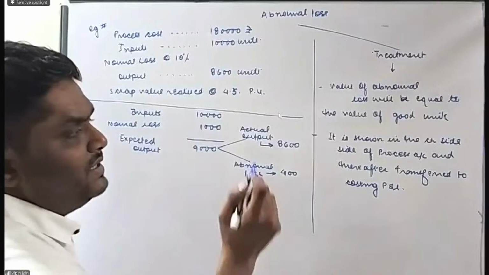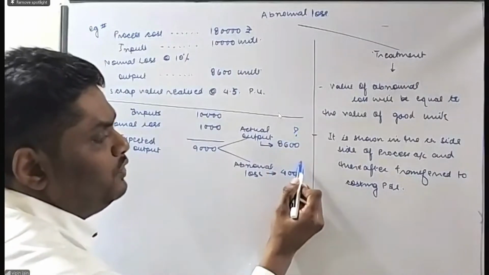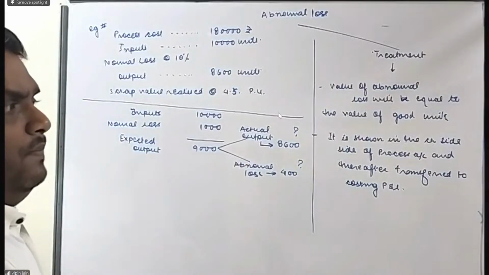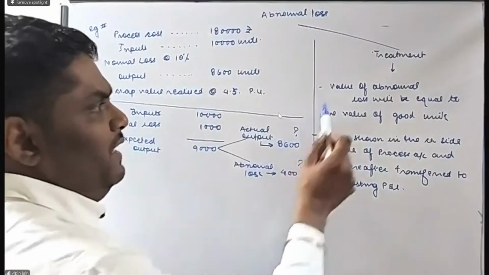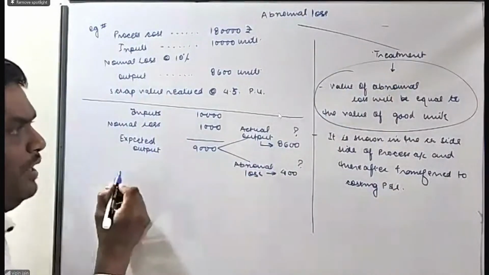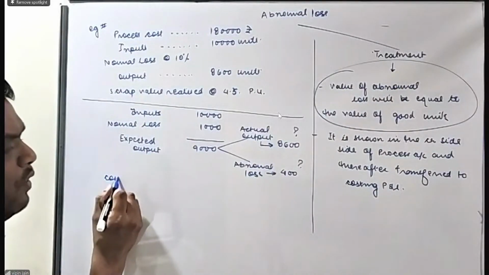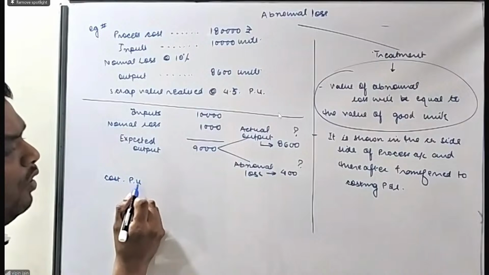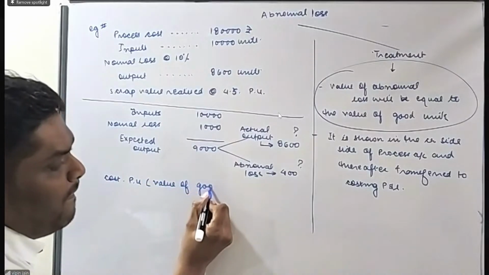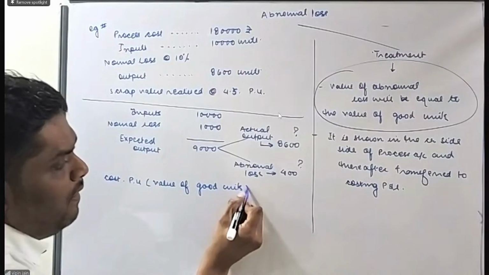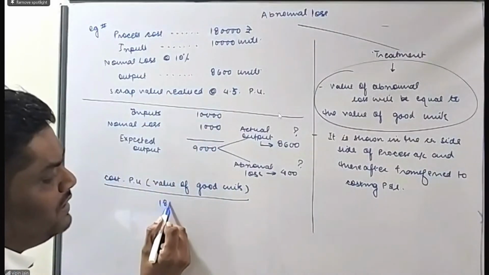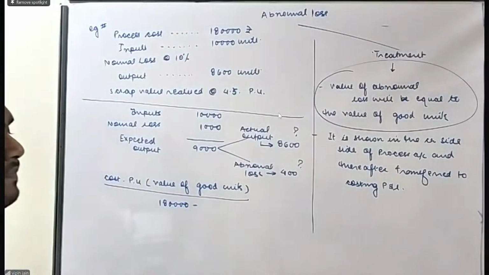Now, the question is we have to calculate the value of actual output and the value of abnormal loss. As I said, value of abnormal loss will be equal to the value of good units. So when talking about the cost per unit, my process cost is 1,80,000.